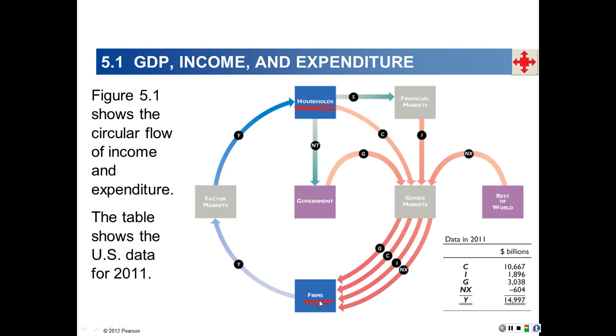You have here a flow of money from households. This flow of money is going all the way like this into the cash register of the firms. And this is our old consumption expenditure. You follow?